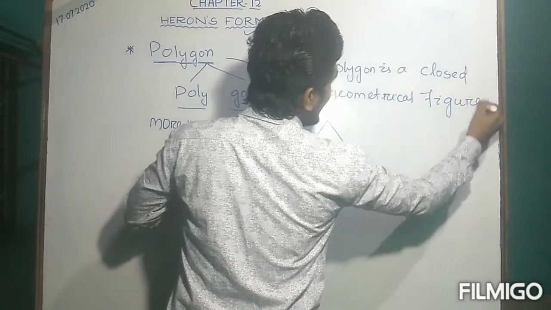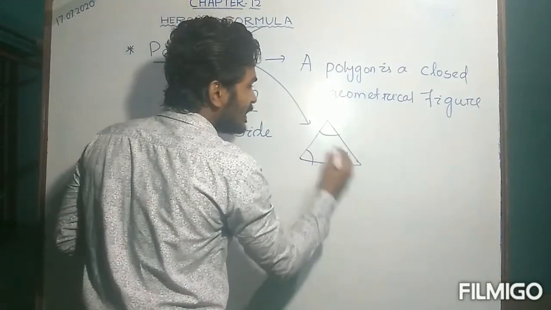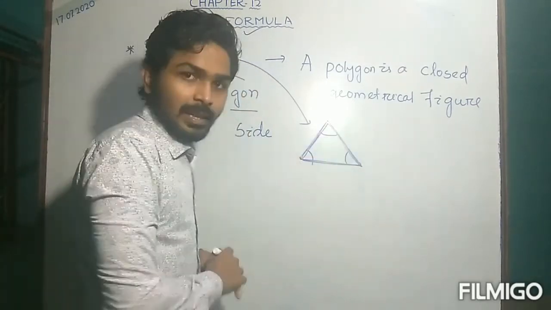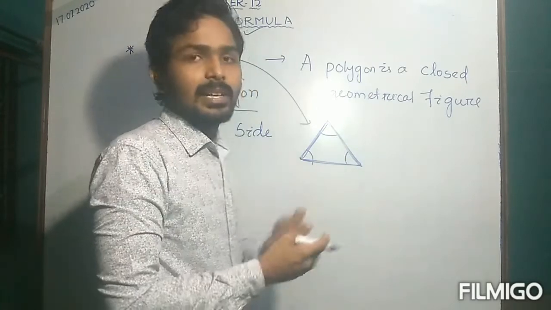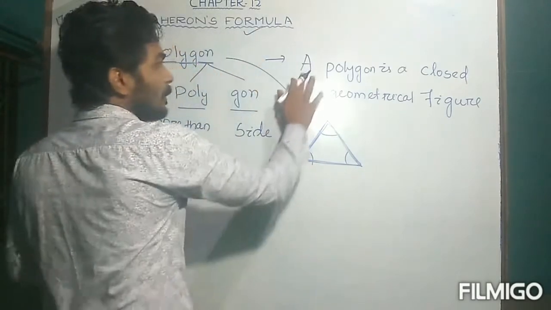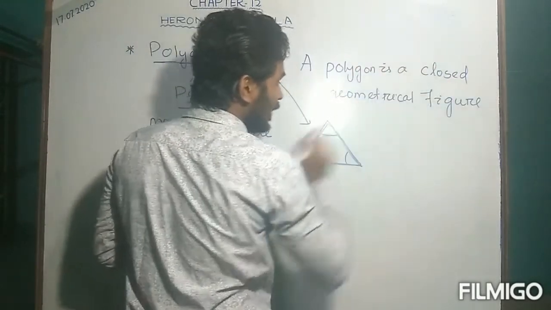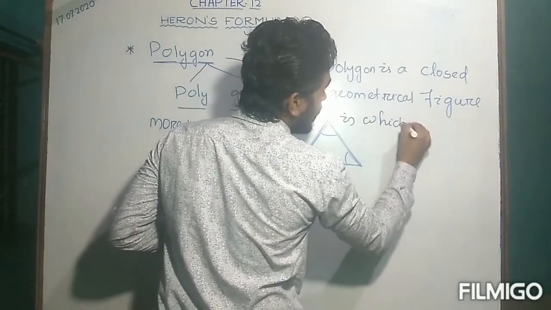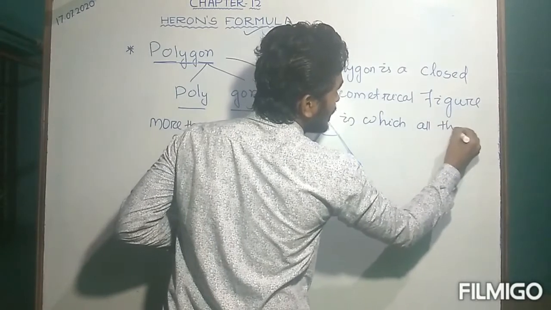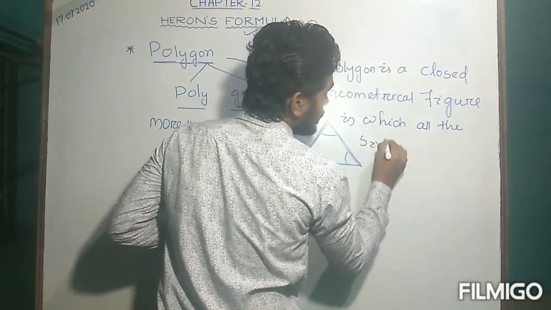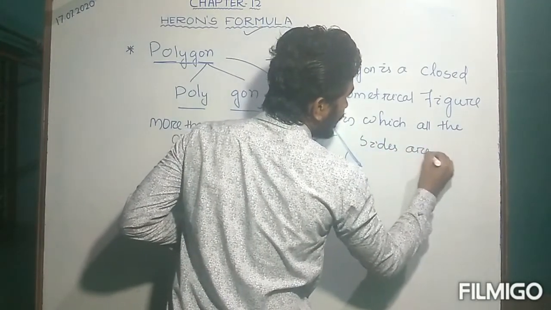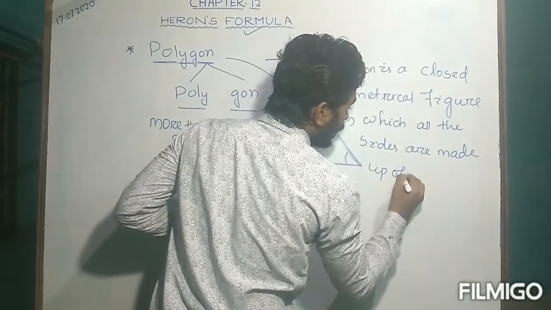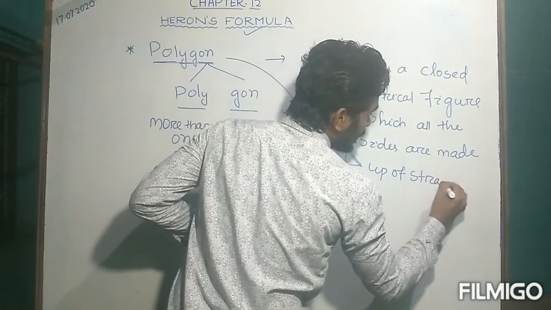Okay, it is a closed geometrical figure, isn't it? Yes, it is a closed geometrical figure and it is closed by three sides, and all the three sides are straight lines. Okay, so a polygon is a closed geometrical figure in which all the sides are made up of straight lines.